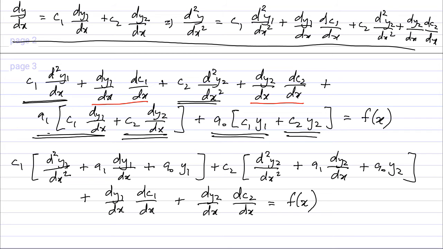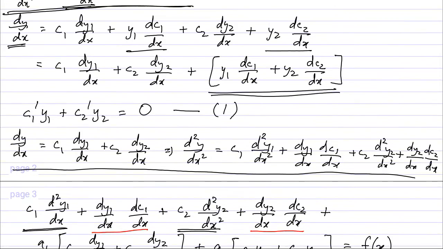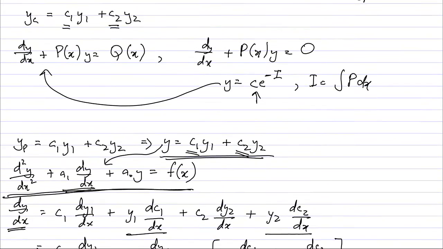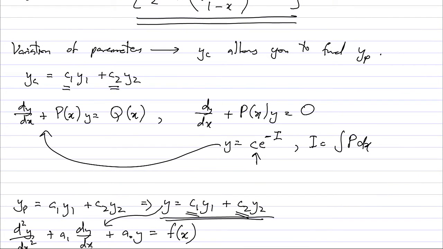And now something magical happens. This thing in the square bracket is equal to 0. This thing in the square bracket is also equal to 0. That's simply because y1, remember, go back, was a solution to your homogeneous second order linear differential equation. y2 was also a solution to your homogeneous second order linear differential equation.